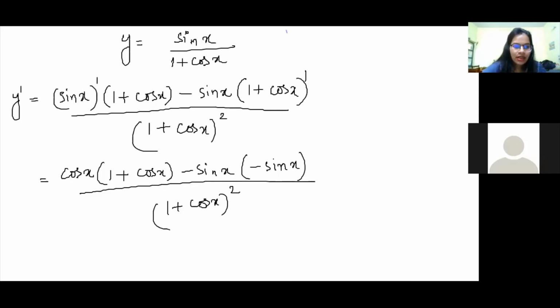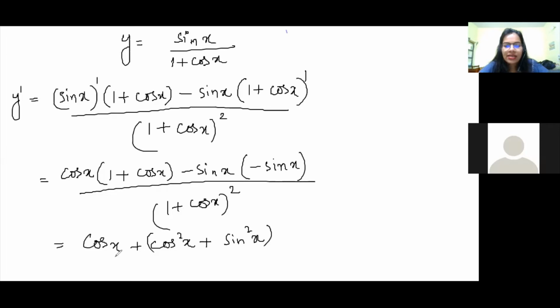Okay. Yes. So now what you have to do? Just multiply. So this will become cos x plus cos square x plus, minus minus will become plus sin square x. So from the previous question, we know that cos square x plus sin square x is equal to 1, correct?